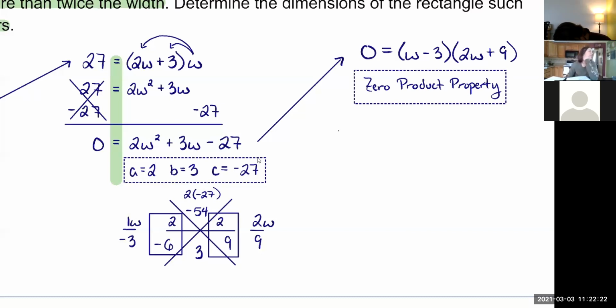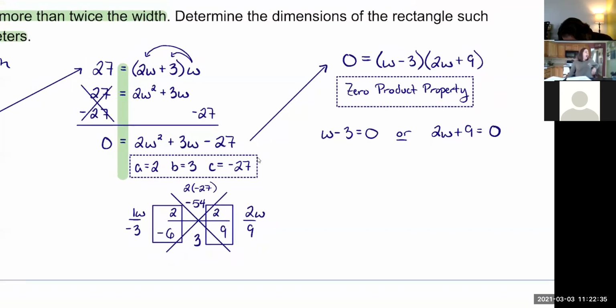So either w minus 3 equals 0 or 2w plus 9 equals 0. Oh no. So 2 little equations here.